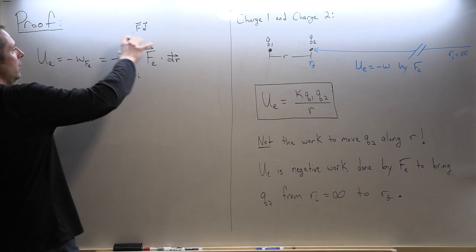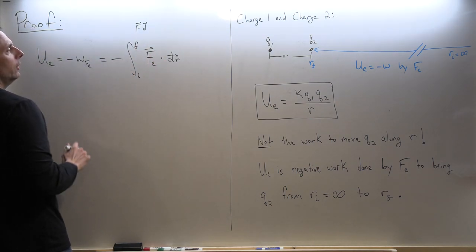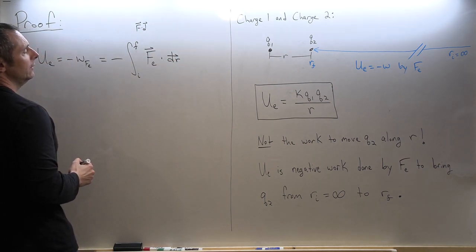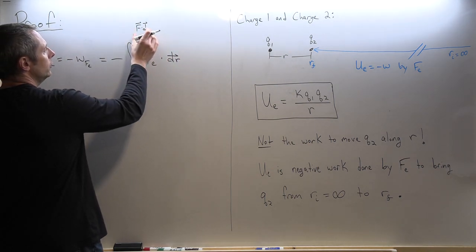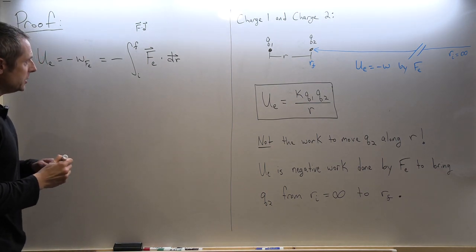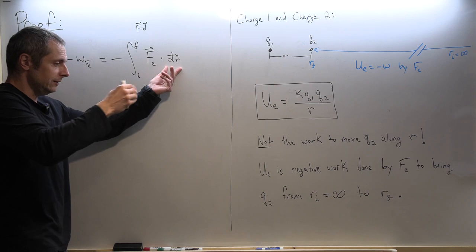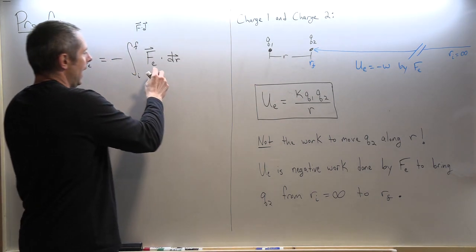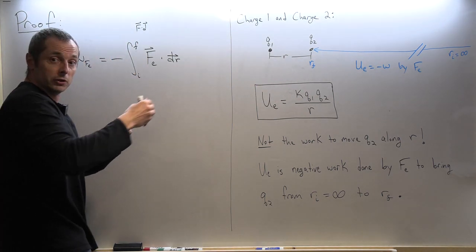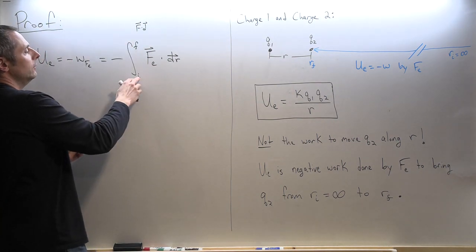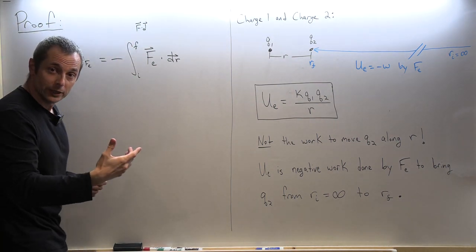So there's basically this, but for F dx, but we're going to use dr instead. Okay, so we converted this to a summation of force times distance over little tiny distances. We're going to add up force times distance plus force times distance plus force times distance from one location to another. That's integration.